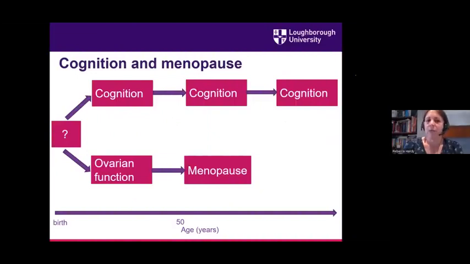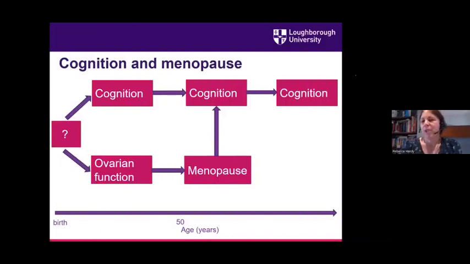Therefore, we get this relationship between cognition and menopause, which makes it challenging to study the association between age at menopause and cognition. We have looked at this in the 46 cohort, and we do see some effect of age at menopause on cognition in addition to this continuity of function.